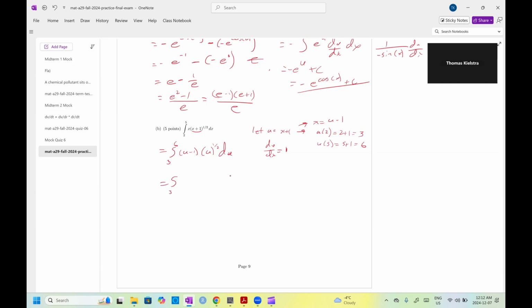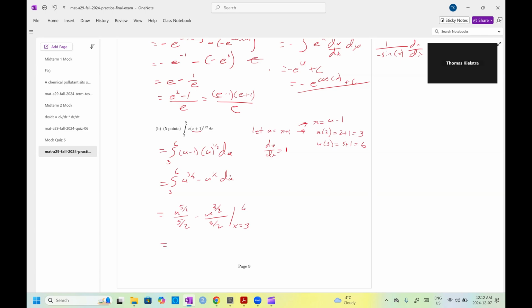So this equals the integral from 3 to 6 of u to the 3/2 minus u to the 1/2 du, which equals u to the 5/2 over 5/2 minus u to the 3/2 over 3/2, evaluated from 3 to 6.